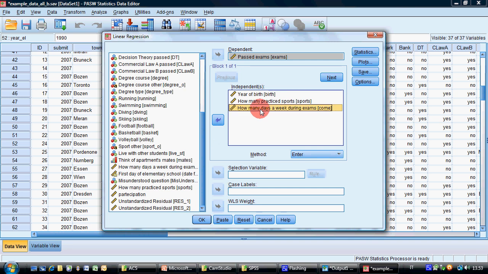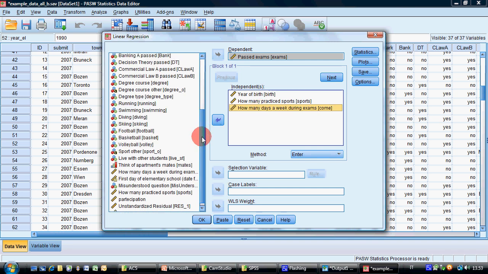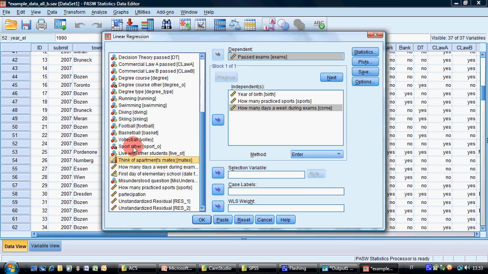So put several variables. You are free also to put ordinal and nominal variables here. However, pay attention that if you put ordinal variables, you are assuming that the numbers reflect a scale. So if you put this variable here, which goes from 1 to 5, you are assuming that 1, 2, 3, 4, 5 have numerical meaning.